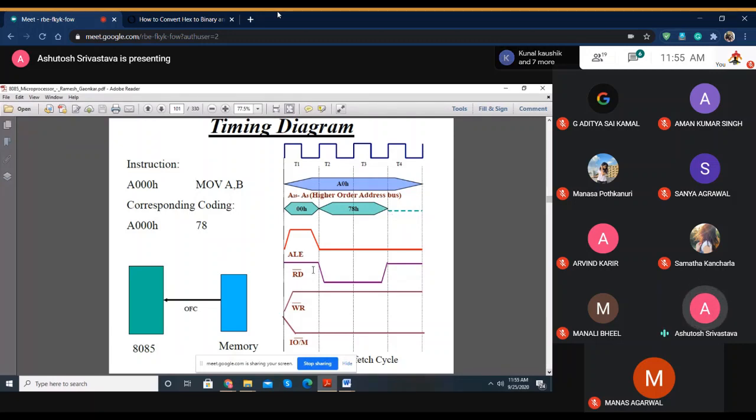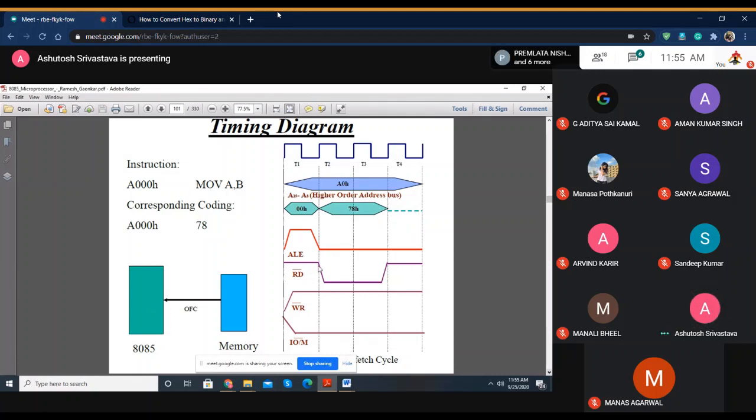So similarly, what all gets activated in your read, write and input output statements while you are fetching, decoding and executing your instructions. So here we are only talking about the fetch cycle in terms of its timing diagram. So your ALE would be in the highest state for the very first part of the timing cycle.